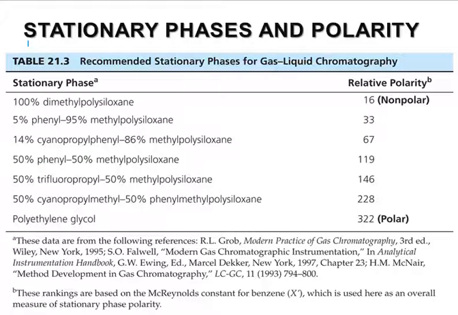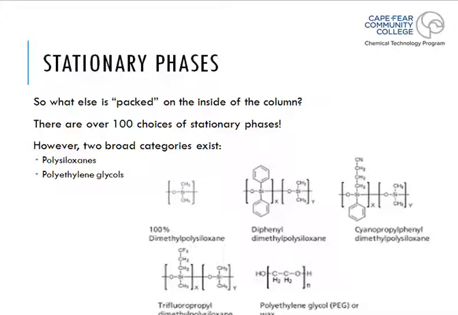Here, my third choice, 14% cyanopropylphenyl and 86% methyl polysiloxane. Well, if I go back to this slide and take a look, there is my cyanopropylphenyl structure. It's right here, okay? So here I see my siloxane backbone, and propyl means three. So one carbon, two carbon, three carbon, and a cyano is a C triple bond N functional group in chemistry.